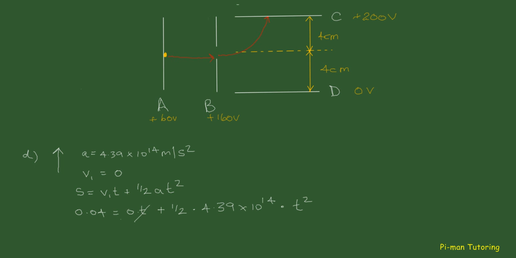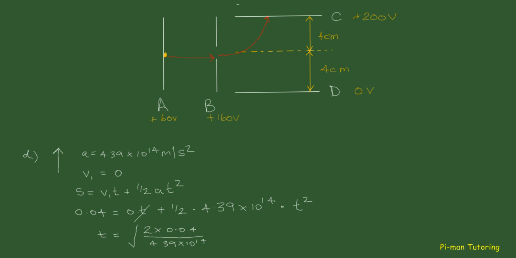Now we can rearrange that equation to find that t squared is equal to 2 times 0.04. That's just taking this 1/2 term to the other side of the equation, dividing by the acceleration, 4.39 times 10 to the 14, takes this term to the other side of the equation, and then we're left with t squared.